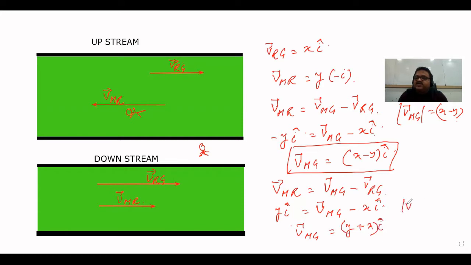So the magnitude of velocity of the man with respect to the ground is y plus x. Is it clear? You can use modulus signs also. So this is the technique. Let me solve a problem related to this topic. Okay, let's solve a problem.